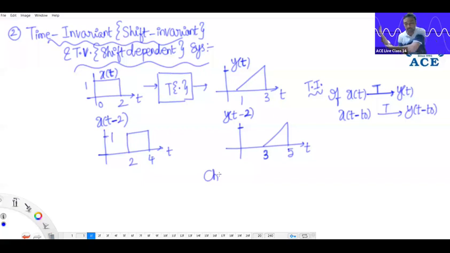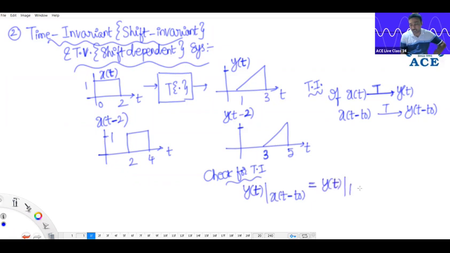The output signal due to the shifted input must be equal to the output signal directly shifted. For a given system, first you delay the input, next you delay the output. If mathematically the expressions are equal, then we can say it is an invariant system, otherwise a variant system.